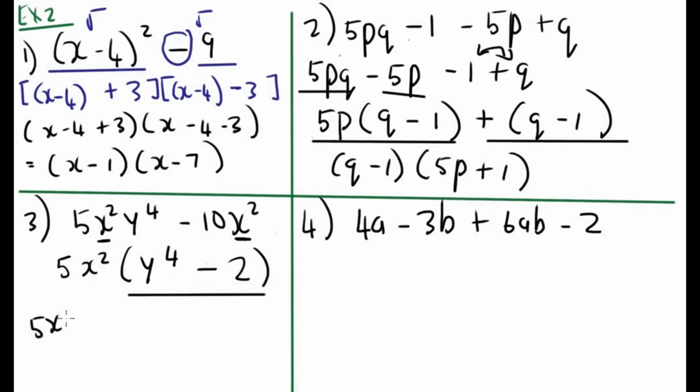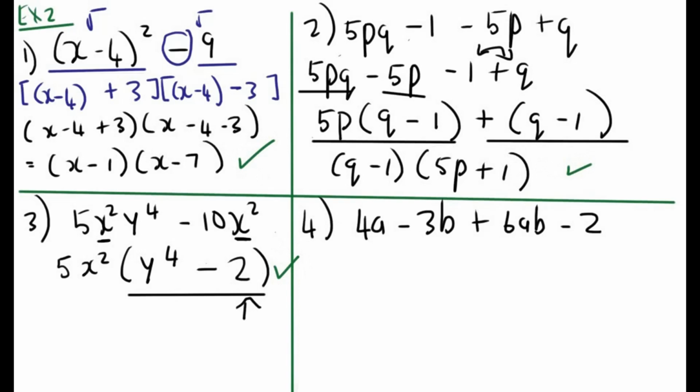So I'm left here with 5x squared, y squared plus, no, I don't have a difference of squares. Sorry about that, guys. I don't have it because 2 is not a perfect square. So what I have there is my final answer. If I can't simplify any further, then that is my final answer over there. Okay, right, like I said, in this case, that would be your answers.